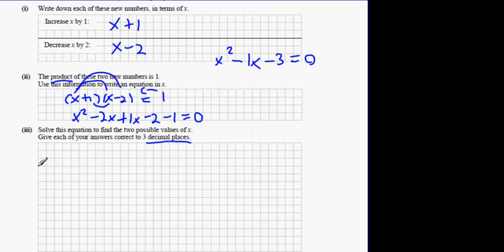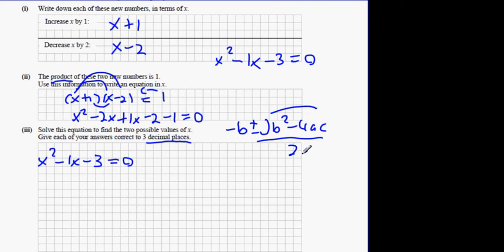So, when we solve this equation, we're going to have to use the minus b formula. The minus b formula being minus b plus or minus the square root of b squared minus 4ac all over 2a. So this part here was the answer for this question here.